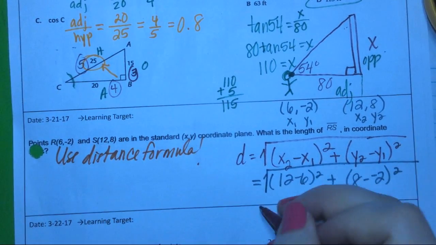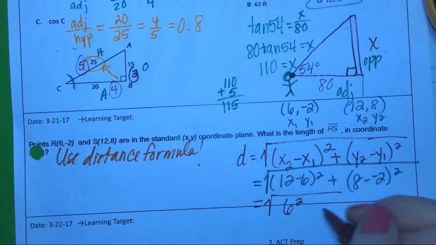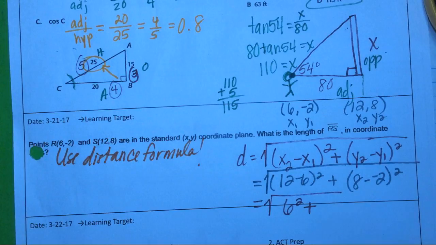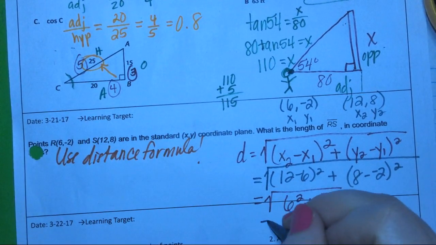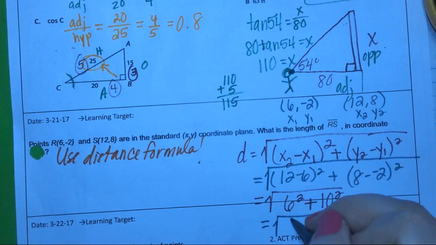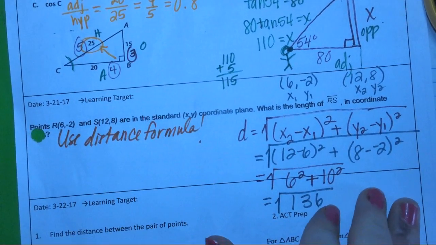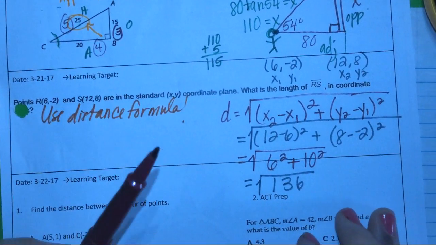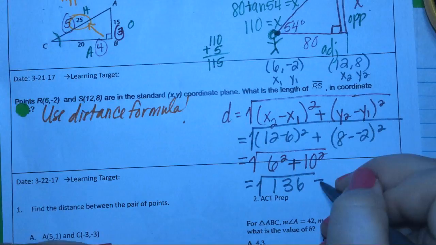What is 12 minus 6? So I have 6 squared, and then 8 minus negative 2? 10 squared. So I end up having 36 plus 100, which is 136. Should I stop there? Can we simplify that radical? We can.